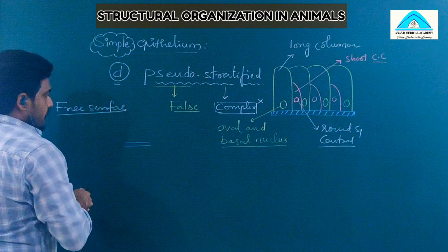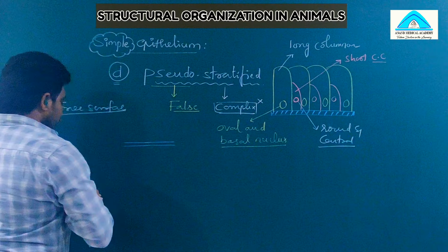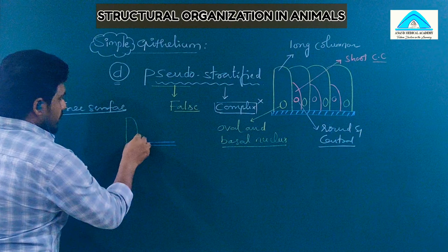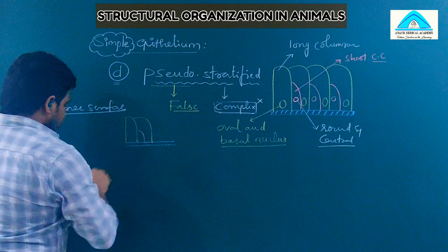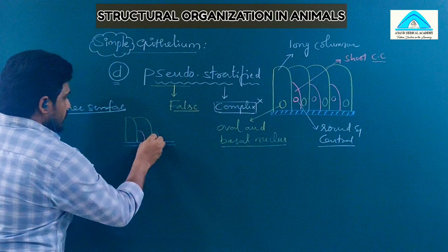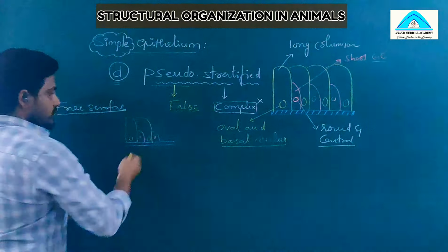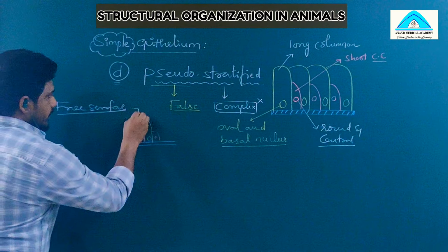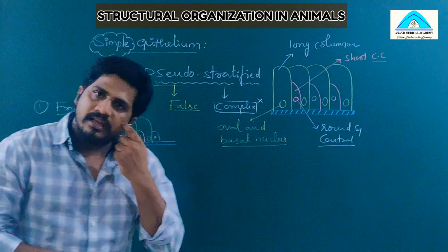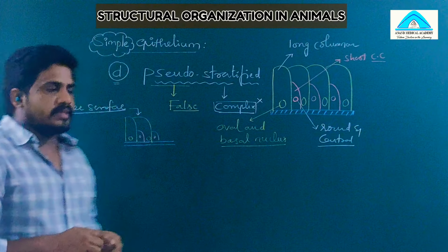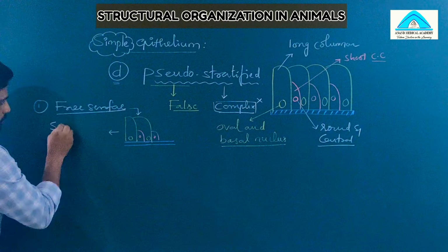Above the basement membrane, all these types of cells are there, one long slender and one short, the long and short, and as I explained, the nuclei appear at different levels. The surface is very free: it does not have any folds, any cilia or any other appendages, a very plain surface. Such a type of epithelium you can find in the sperm duct.